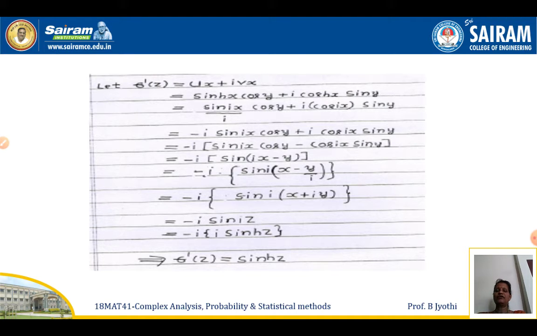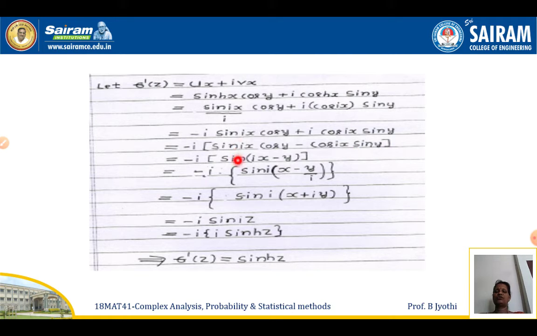So, f dash of z is given by ux plus i vx, where ux is sin hx into cos y plus i cos hx into sin y, and this can be written as sin ix by i into cos y plus i cos ix into sin y. 1 by i can be written as minus i, so minus i sin ix cos y plus i cos ix sin y. i can be taken outside with the negative sign, then we will get it as sin ix cos y minus cos ix sin y.